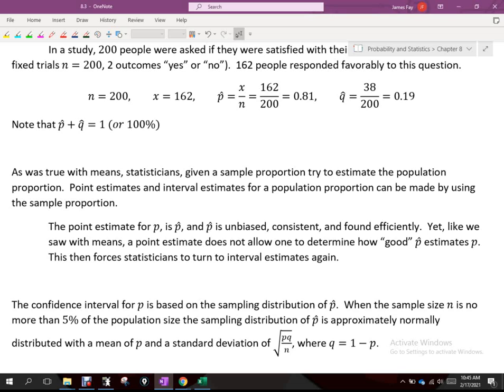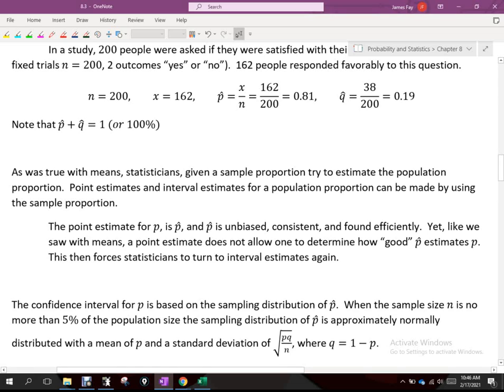That's a point estimate, which provides us really no degree of accuracy for how good that answer really is in comparison to the entire population. Does that make sense? Point estimates have essentially no degree of accuracy attached to them. And that's what this says here.